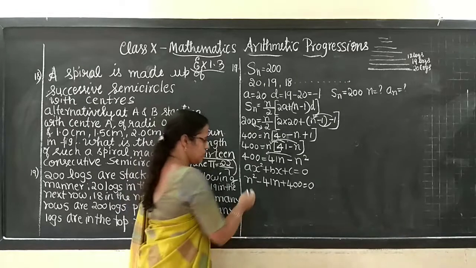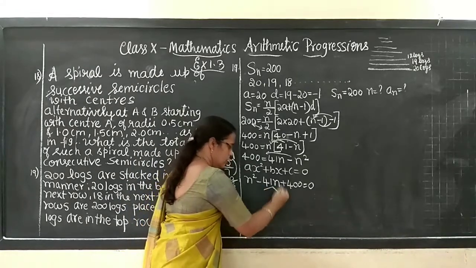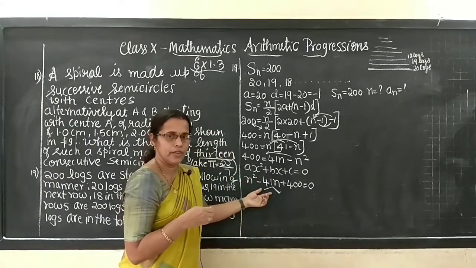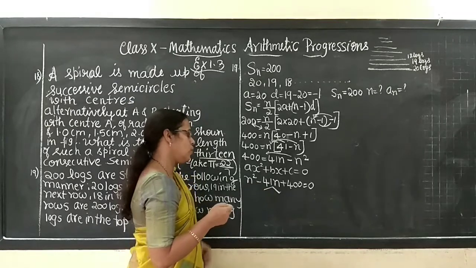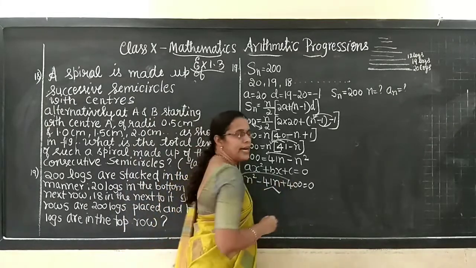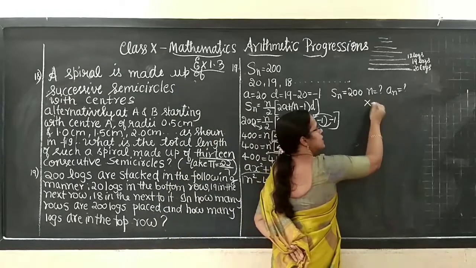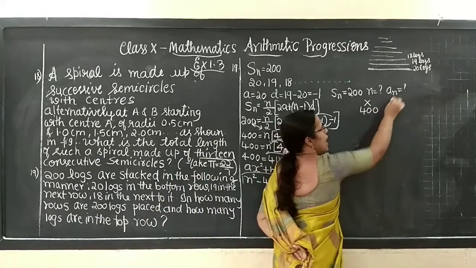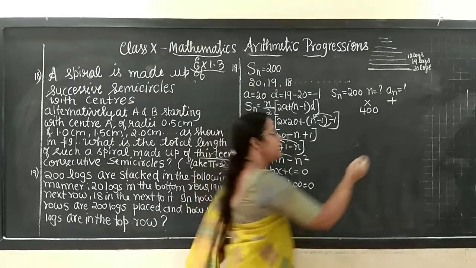Afterwards, since it is a quadratic equation, you have to do factorization. Let us see what are the factors of this. Multiplied means 400. Added means minus 41.